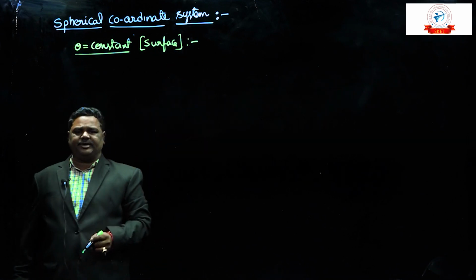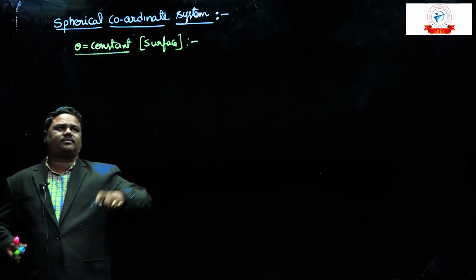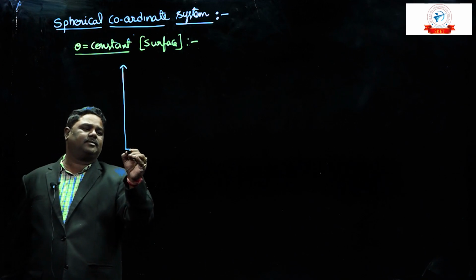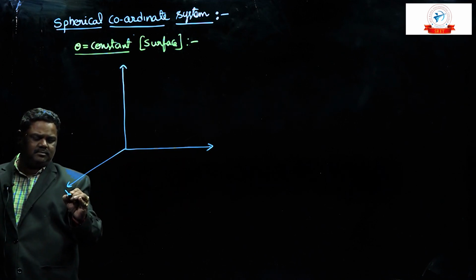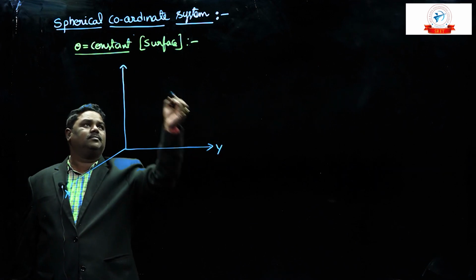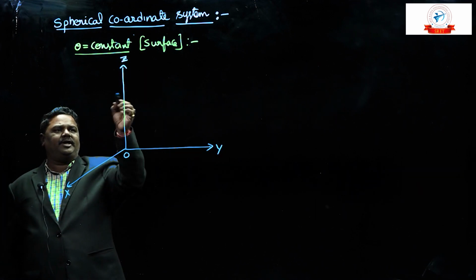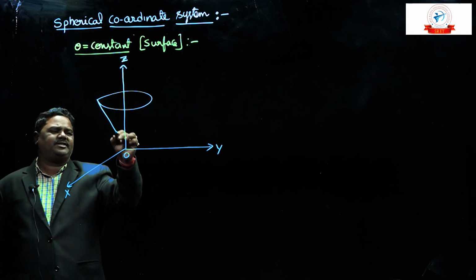Now let's consider the coordinate axis. Here theta equal to constant is nothing but the surface of a cone.